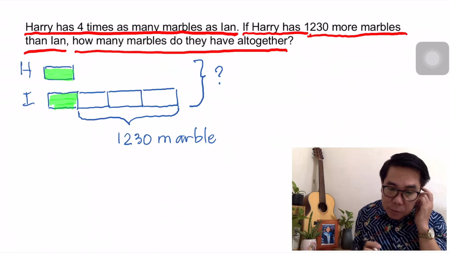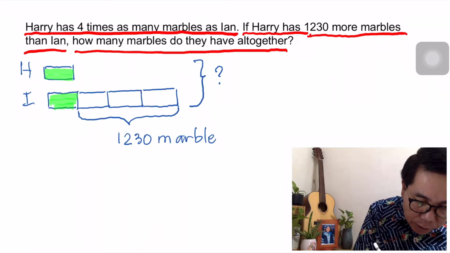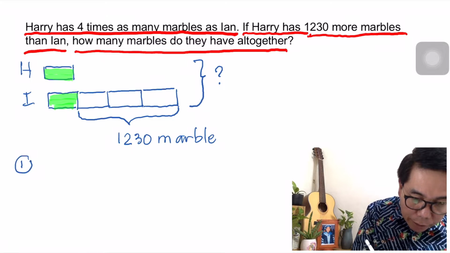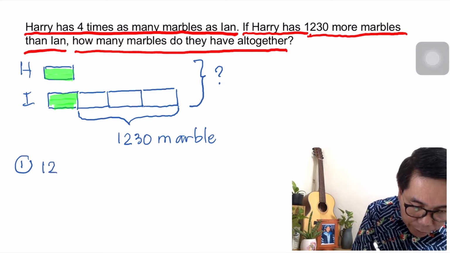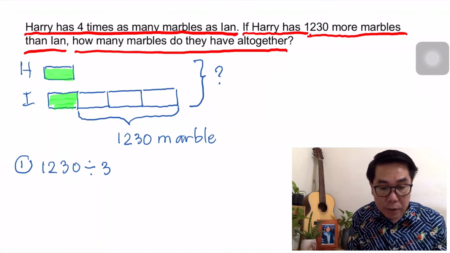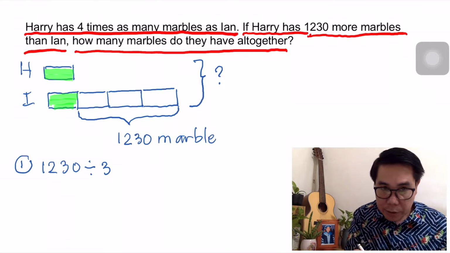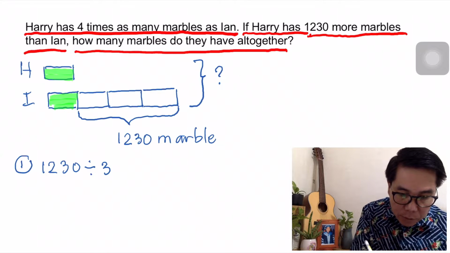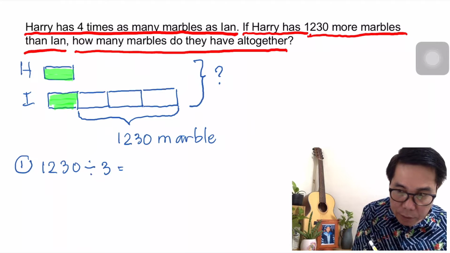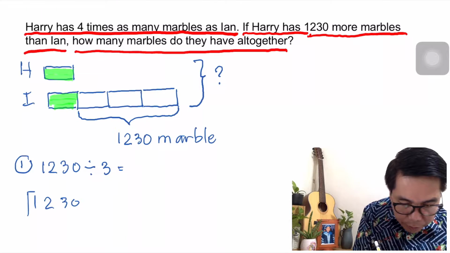So what we have to do here, if we can see from the model, 1,230 is equal to 3 bars. So what we have to do for our solution is first, 1,230 should be divided by 3 because there are 3 units or 3 bars. 1,230 divided by 3.